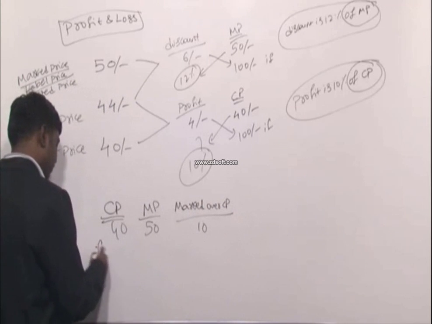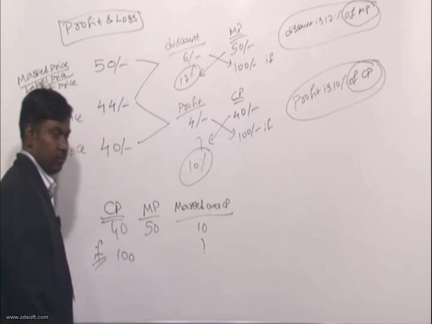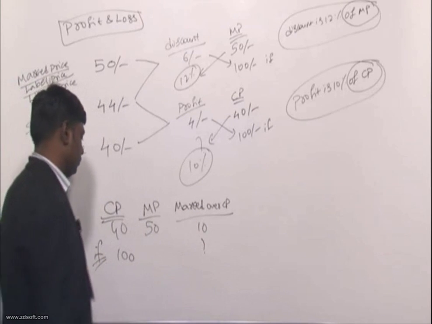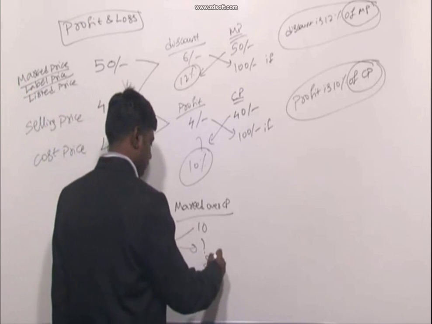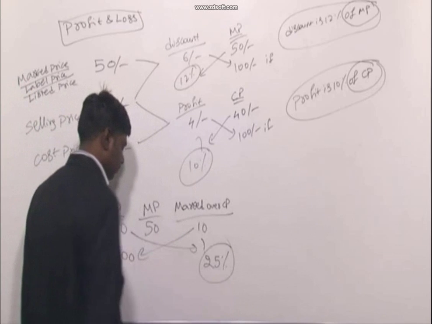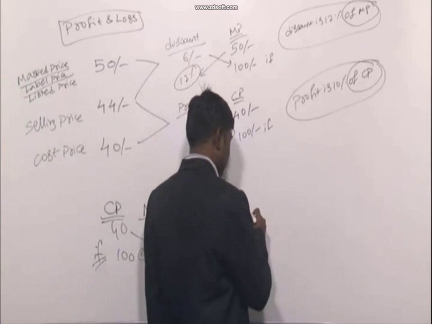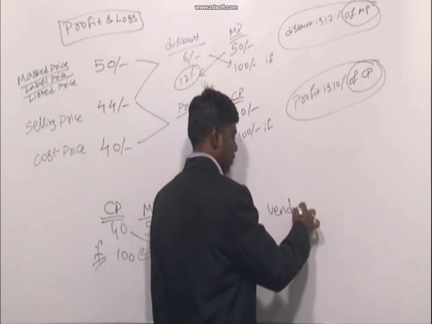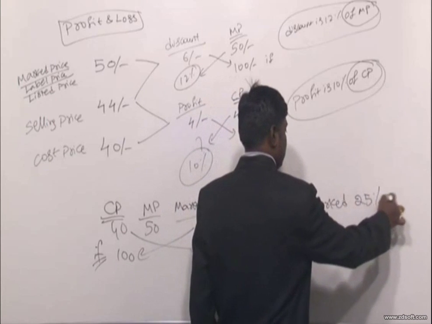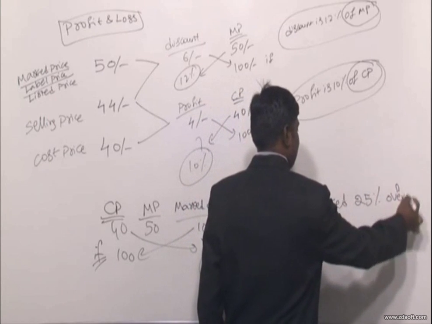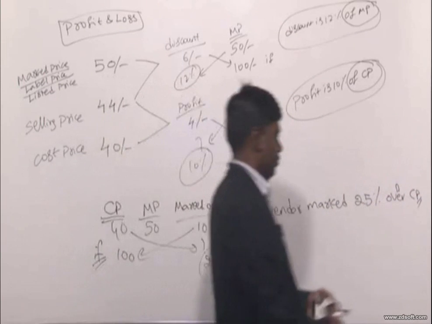Now, if cost price is 100 rupees, how much is marked over? If you observe, this is 1/4. 1/4 is 25%, right? Therefore, the vendor marked 25% over cost price.